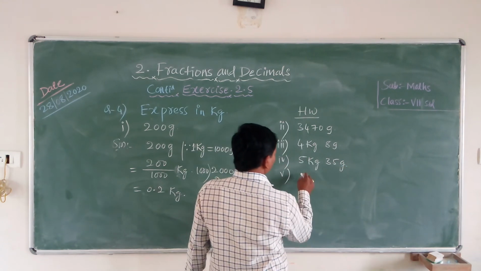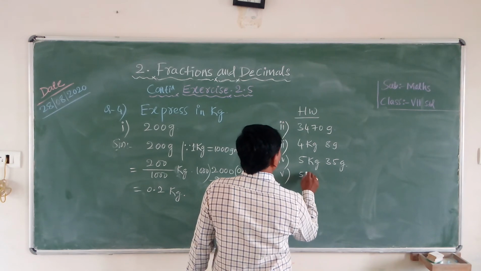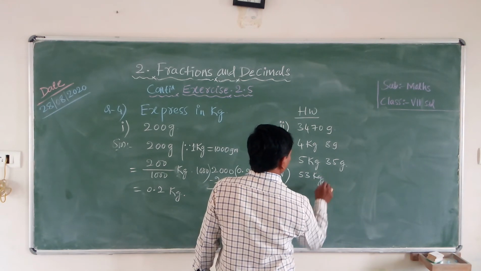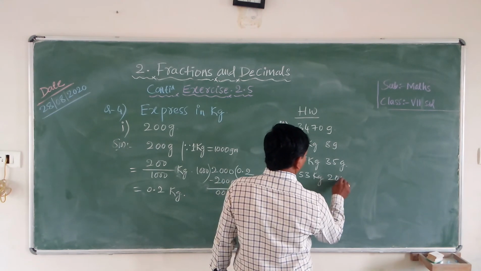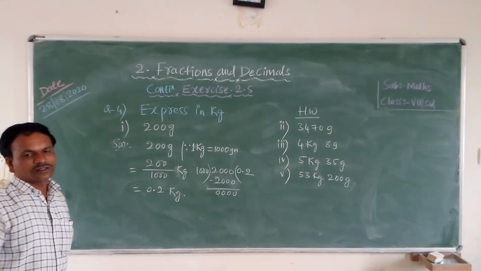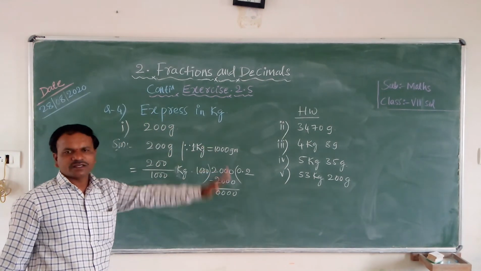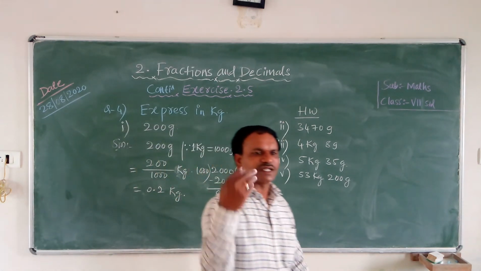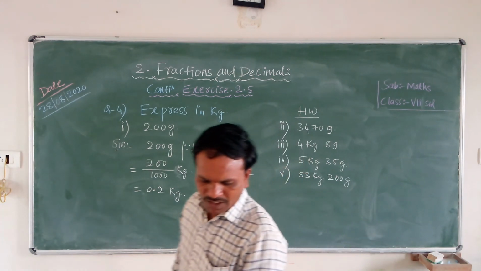Fifth one: 53 kg. Then this one: 200 gram. So like this you have to convert. This is the homework. Express in kg means you have to convert to kg first, and after that the decimal points come automatically. Okay.